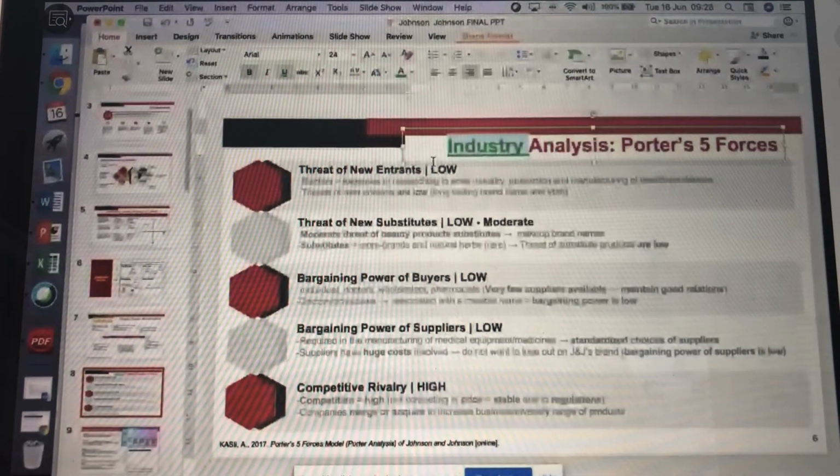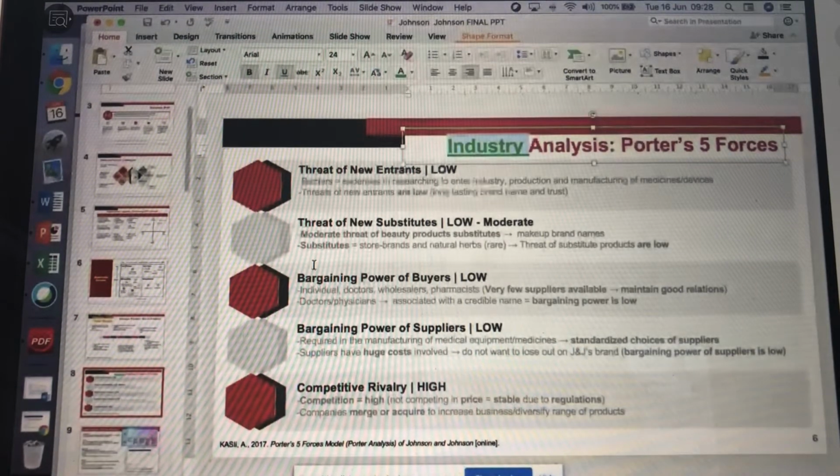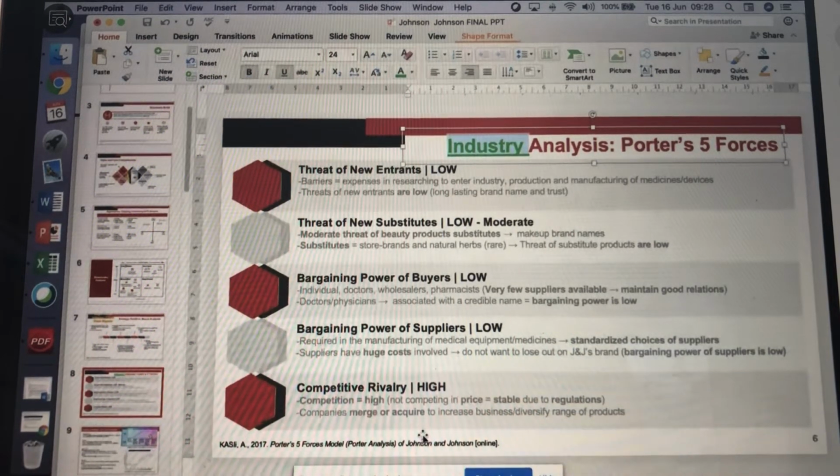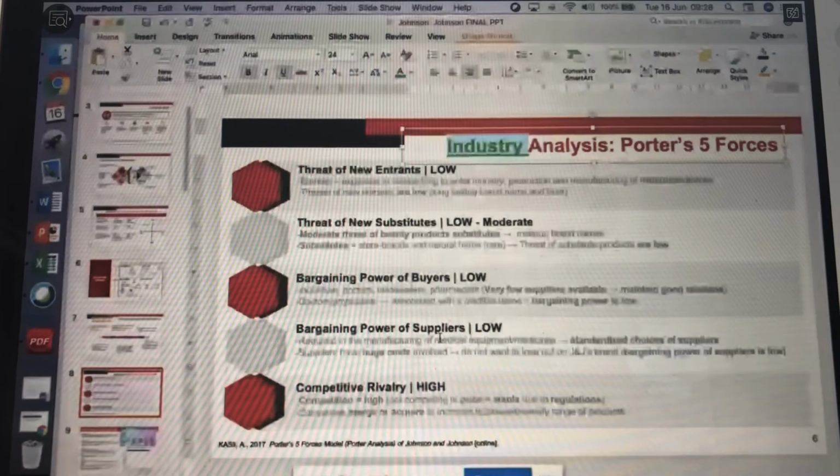When you focus on the industry, you need to address the five forces, explain whether each is low or high, and establish whether, at the end of the day, the industry is attractive or not.